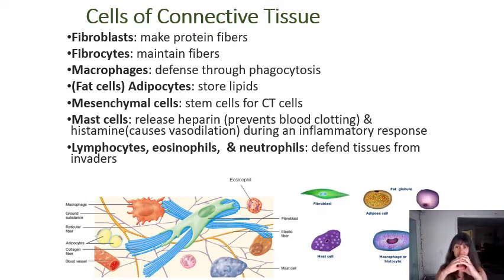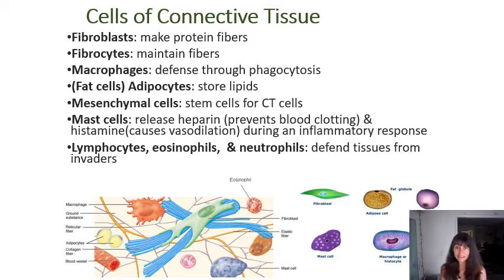So vasodilation means the blood vessel is opening up. So two chemicals released by mast cells, heparin to prevent blood clotting, histamine to allow blood vessels to vasodilate or open up, are released by mast cells during an inflammatory response.